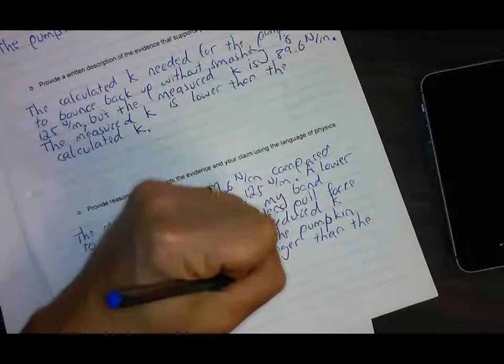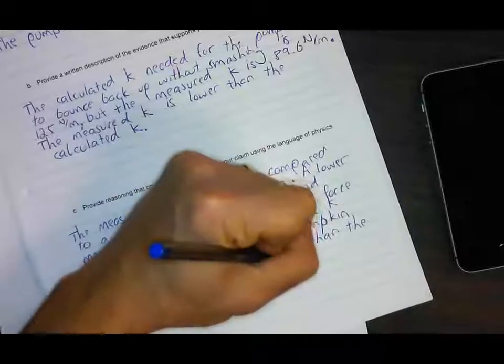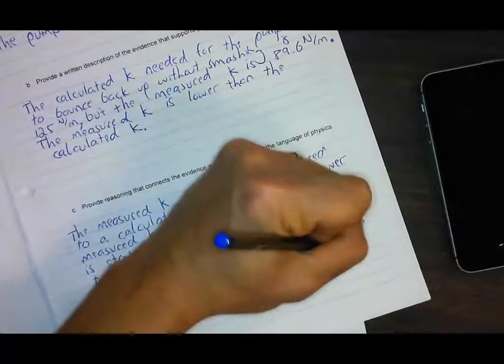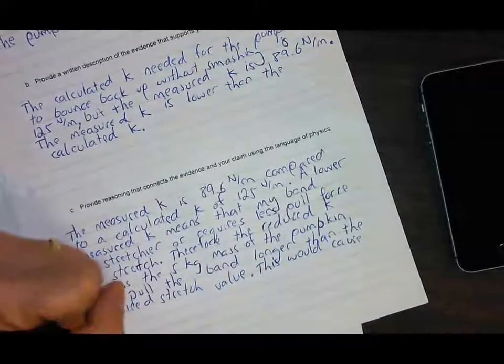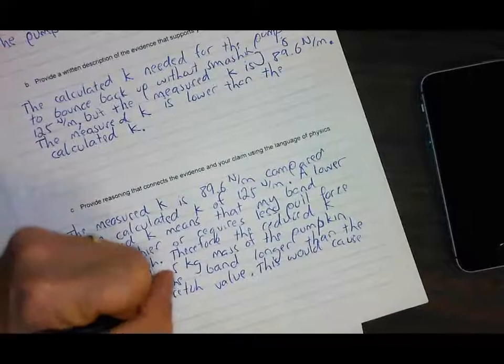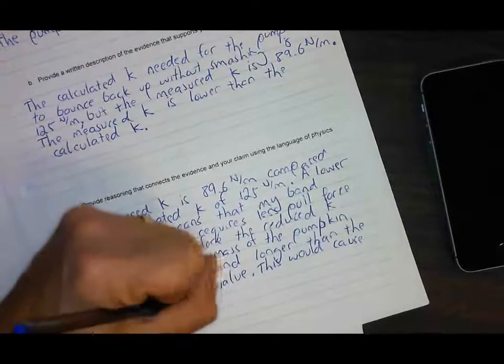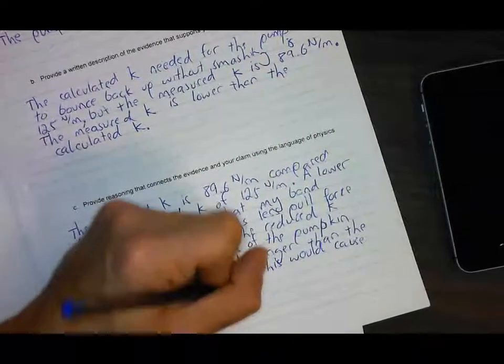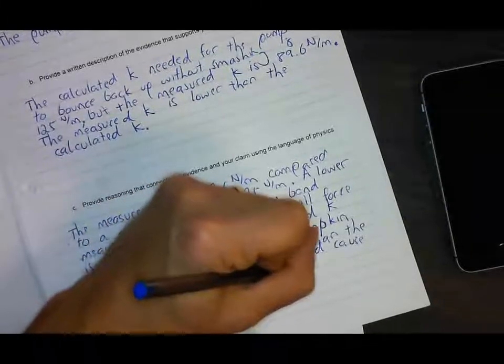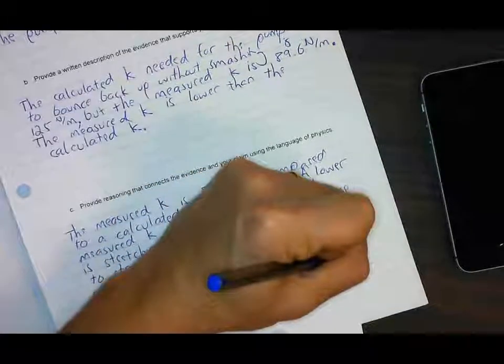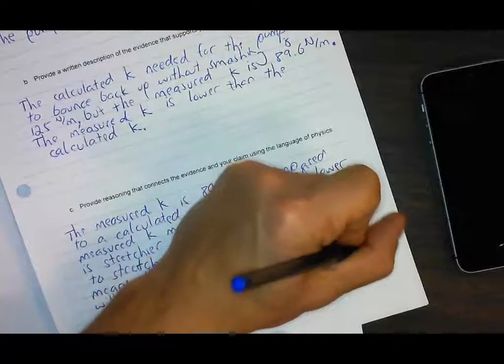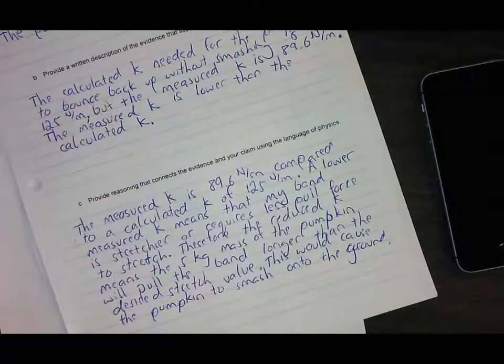Okay. This would cause the pumpkin to smash onto the ground. All right. I think that's a reasonable explanation.